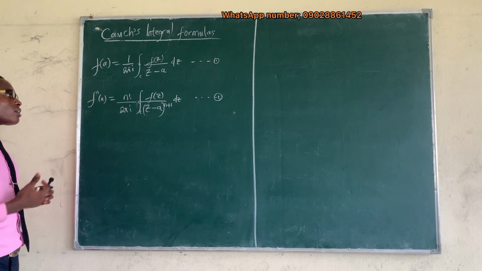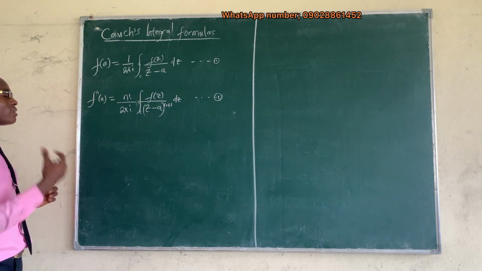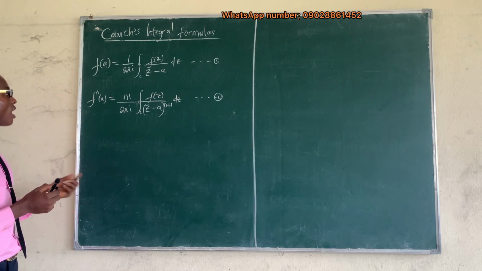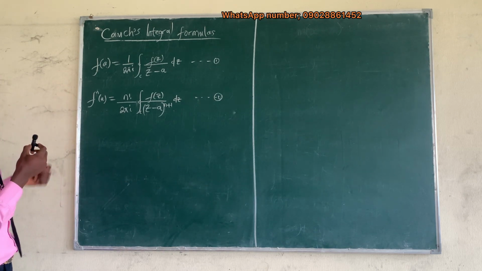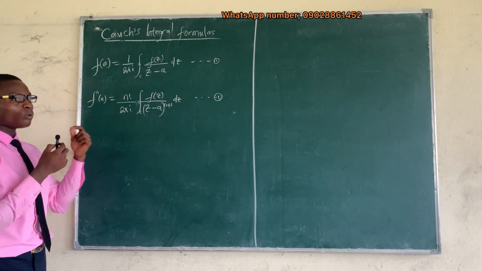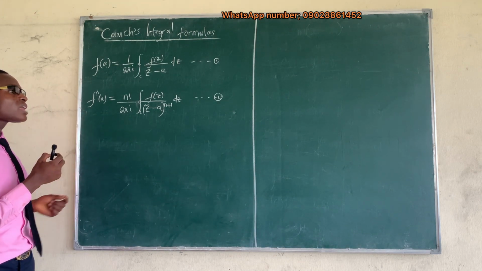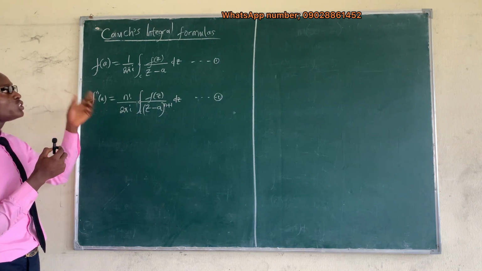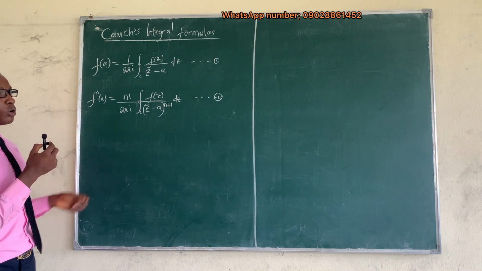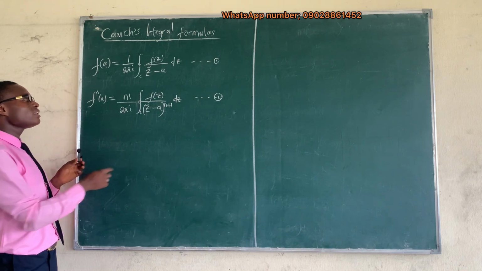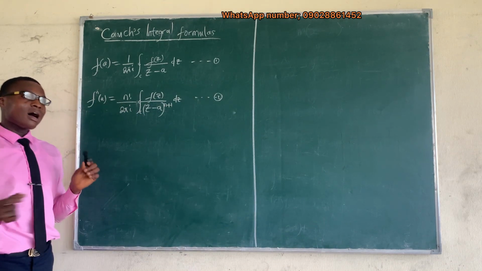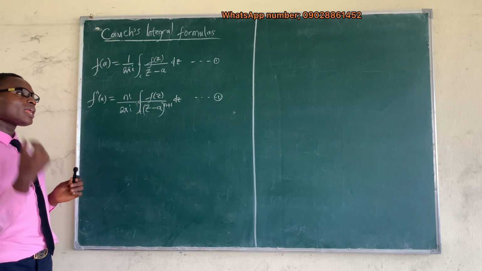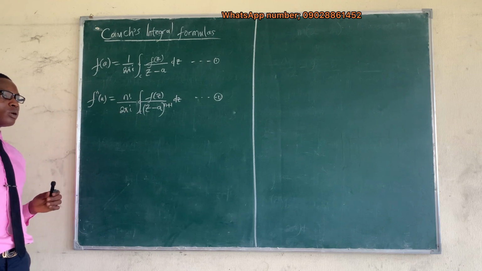So let's take two or more examples to illustrate the Cauchy's integral formulas and see how we can use them to evaluate any integral which is analytic inside a closed curve C. Please take note, before you apply this Cauchy integral formula, the function must be analytic inside that closed curve C. In the previous video, we talked about analytic functions, how a function is analytic within and on a closed curve.